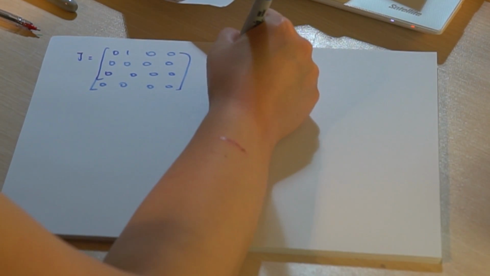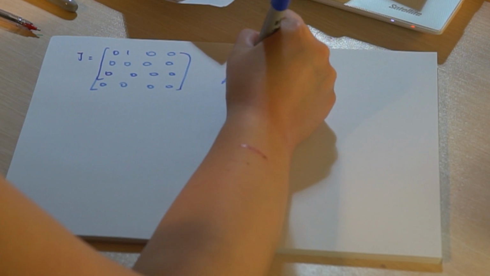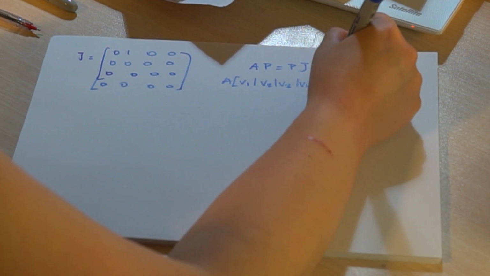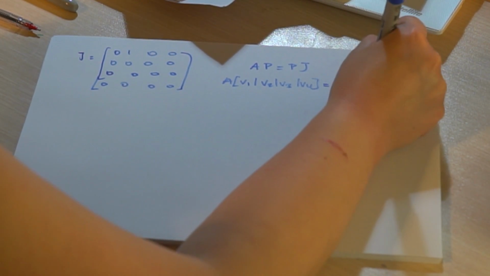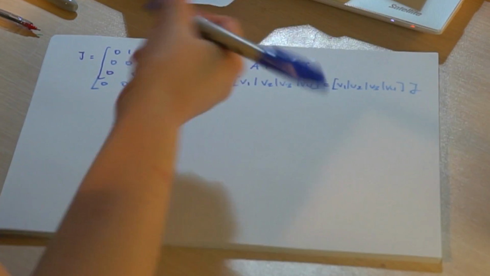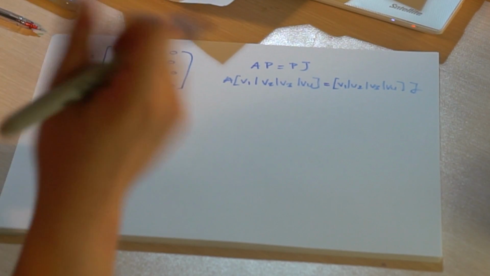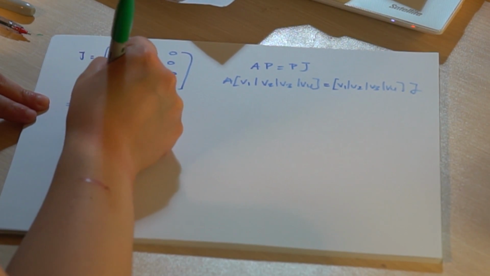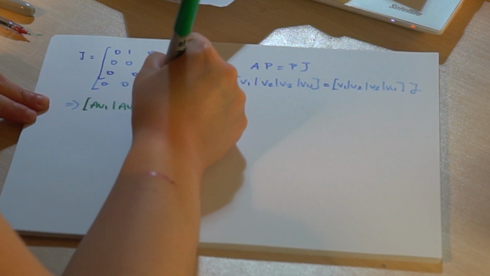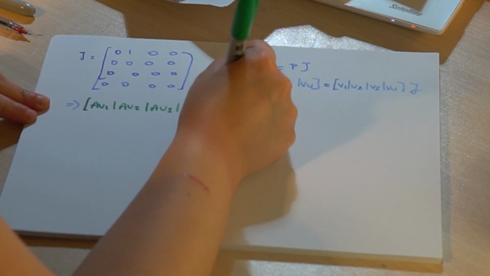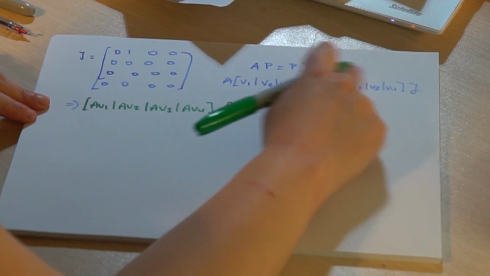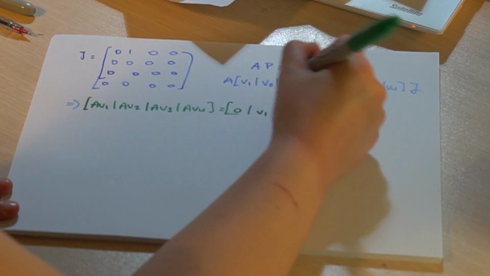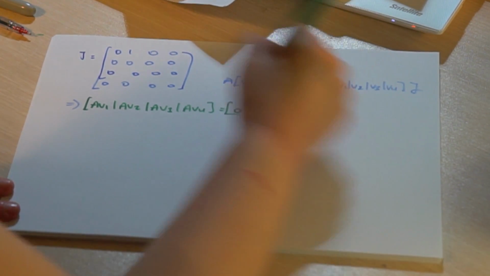And we can write P as the vectors V1, V2, V3, V4, and again AP will be V1, V2, V3, V4 times J. So because of this one, we will have that A times V1, A times V2, A times V3, A times V4 will be equal to 0, V1, 0, 0.